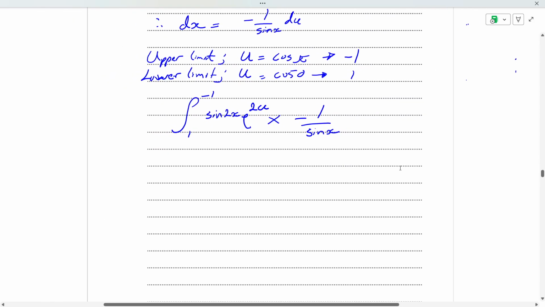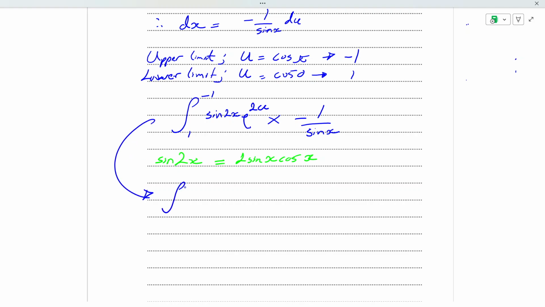So sine 2x is equal to 2 sine x cos x, like that, right? So when we do that substitution, we'll now have our integral from negative 1 to 1, with negative 1 over sine x du right there, multiplied by the 2 sine x.